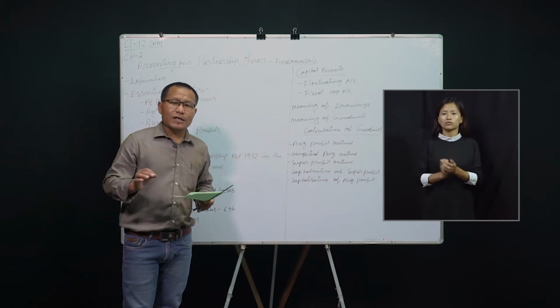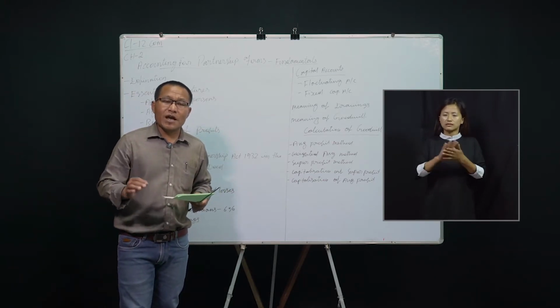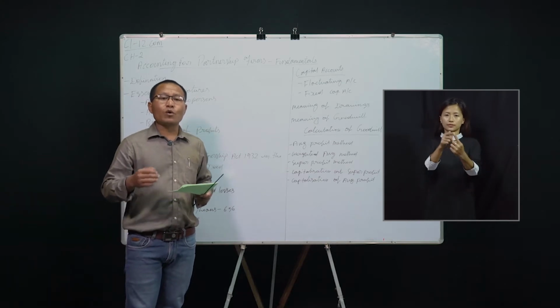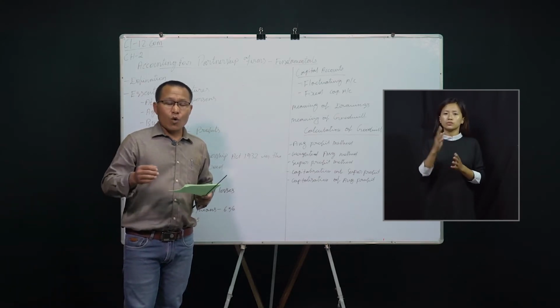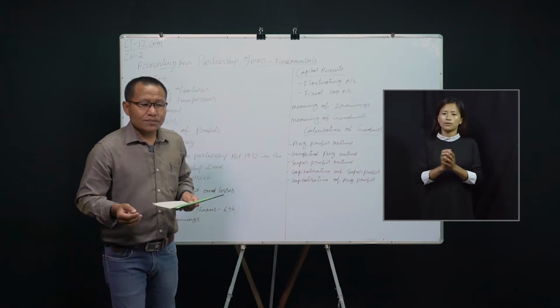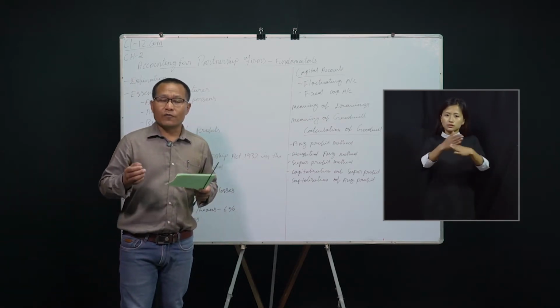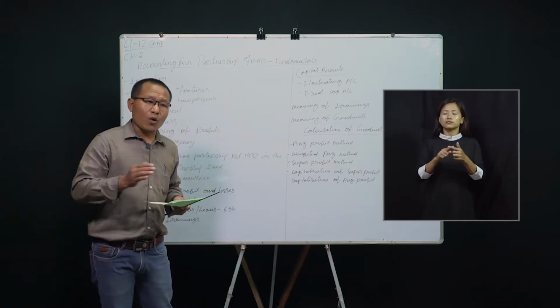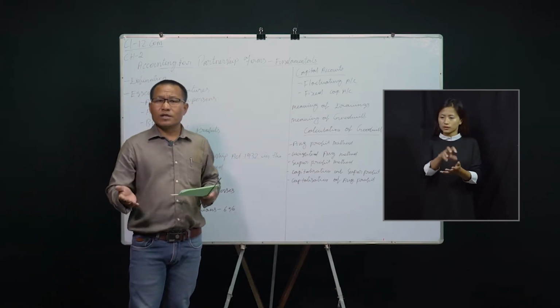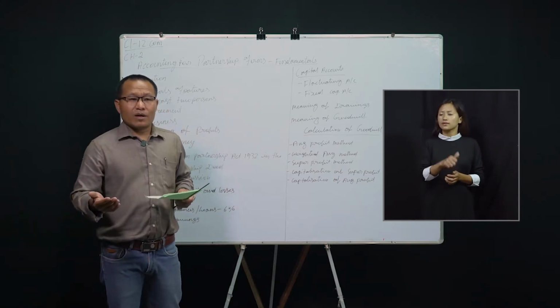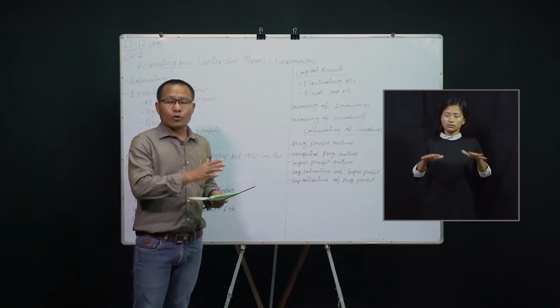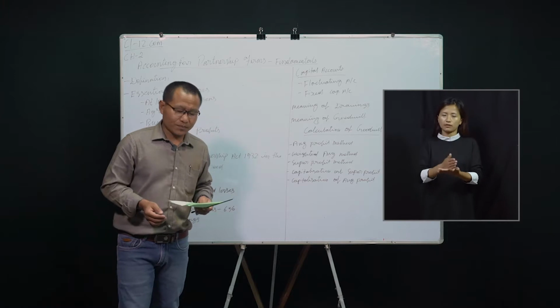So the definition clearly states that it is an agreement between two or more persons, where they have agreed to share the profits of a firm, carried on by all, or by any of them acting for all, or on behalf of all the partners.